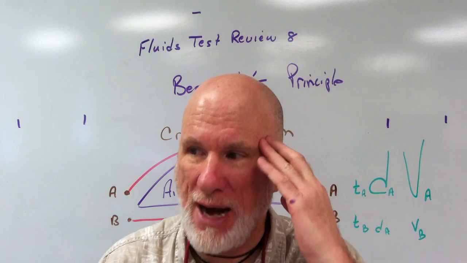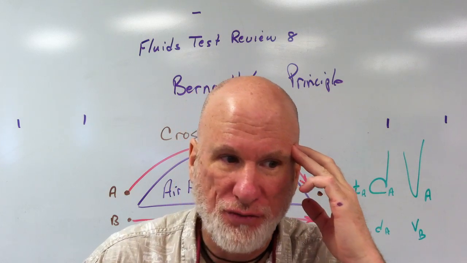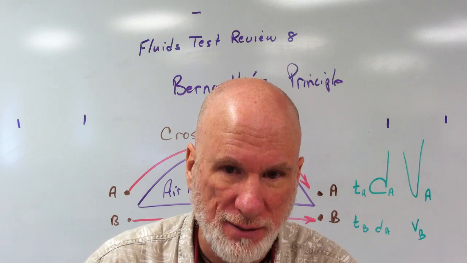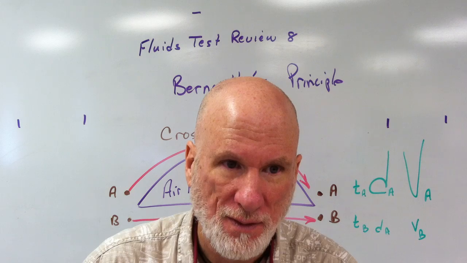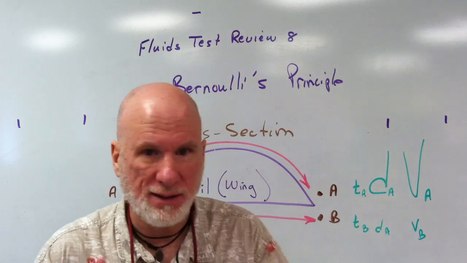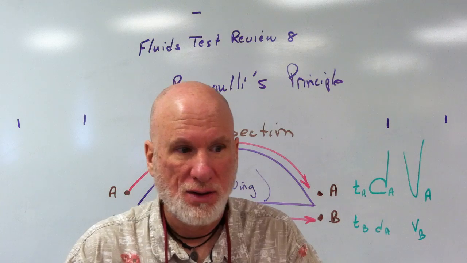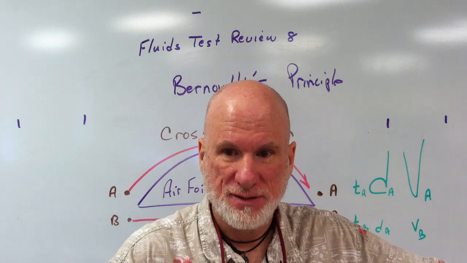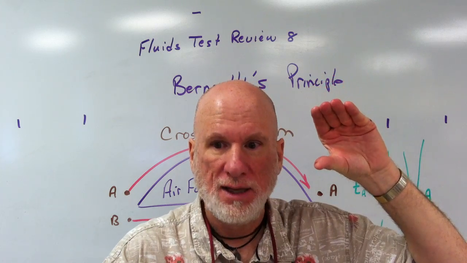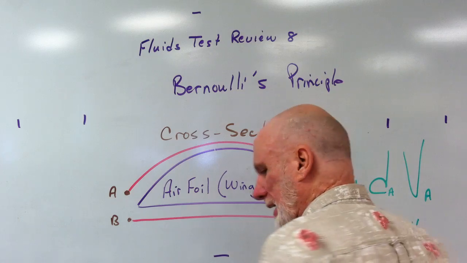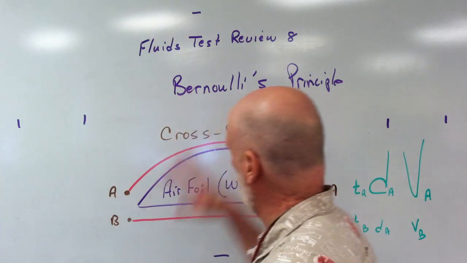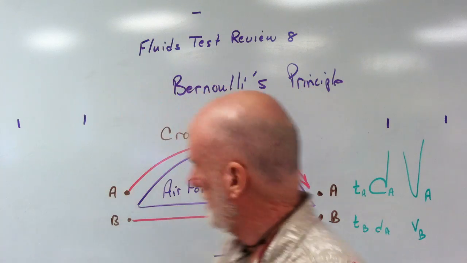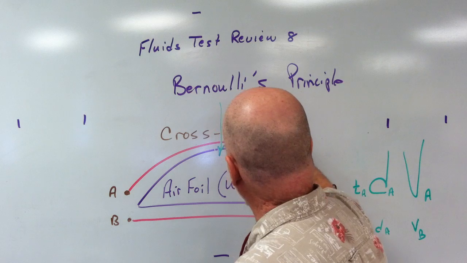So, what happens to the pressure of the fluid when the fluid is flowing fast? It decreases, right? Now, normally, let's say the wing isn't moving. We'll pretend. So this is the atmospheric pressure.